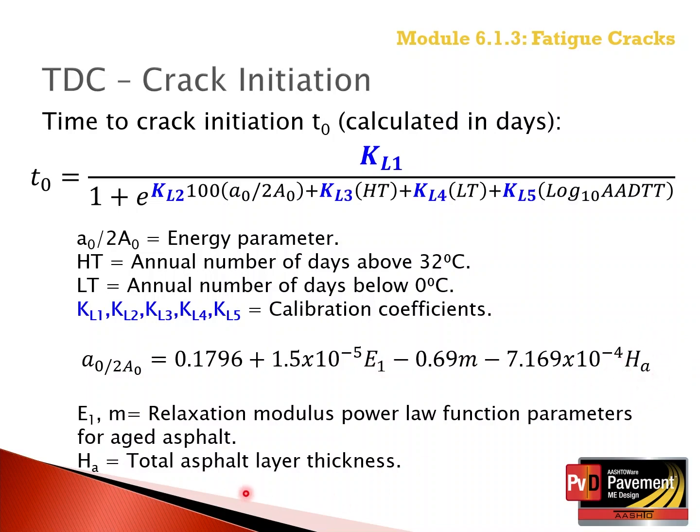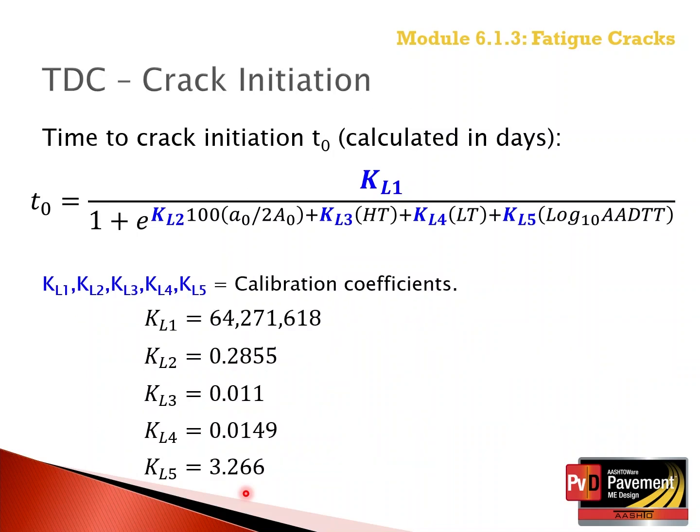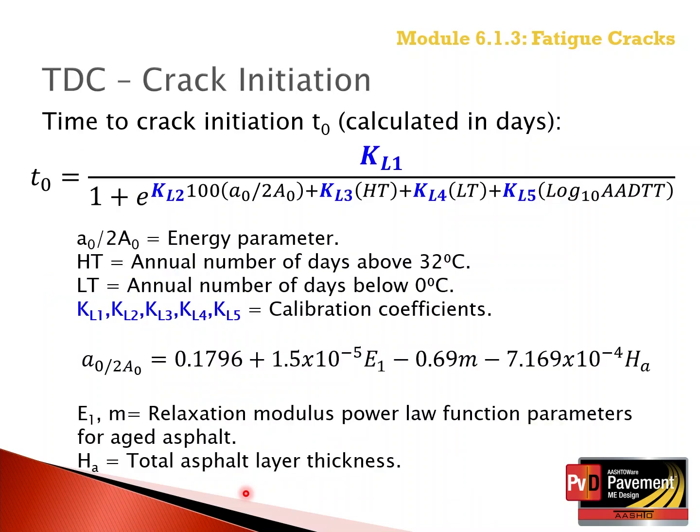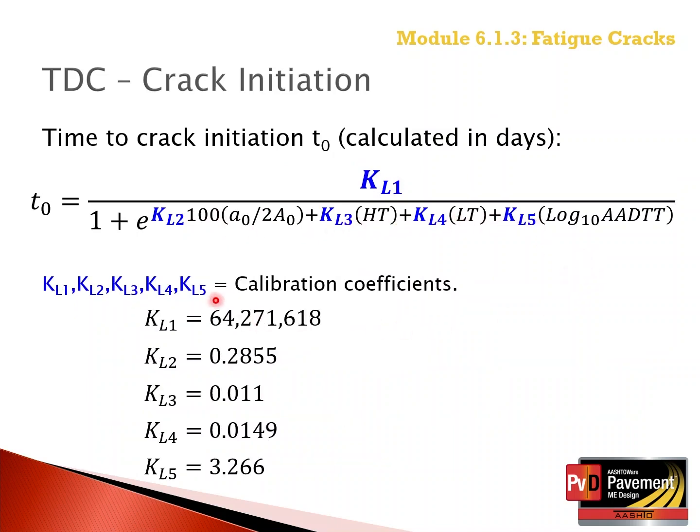HA is simply the total asphalt layer thickness itself. And the global calibration parameters for the time to crack initiation regression equation are displayed on this slide: the capital K values for L1, L2, L3, L4, and L5, which are the outcome from the global calibration process.